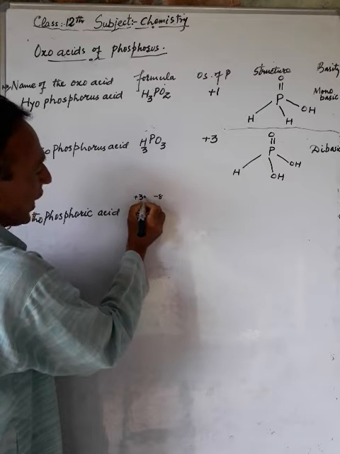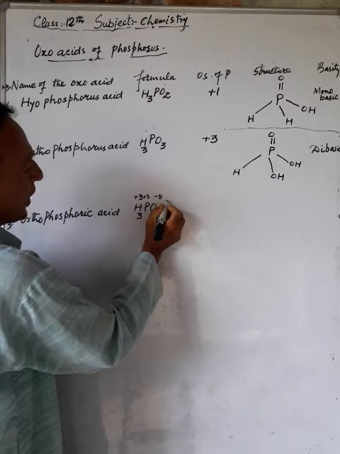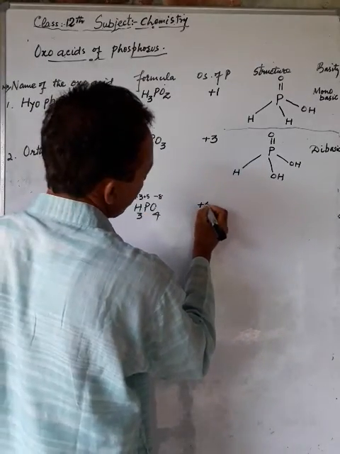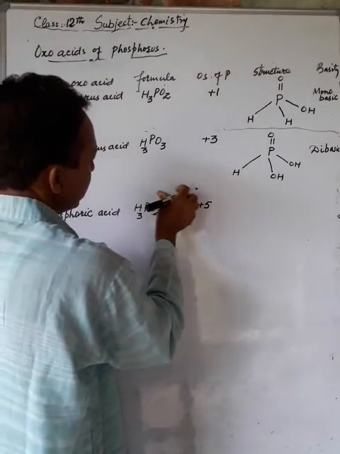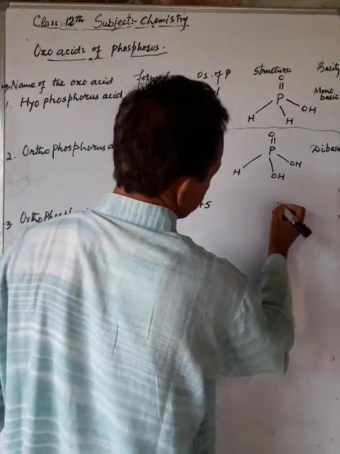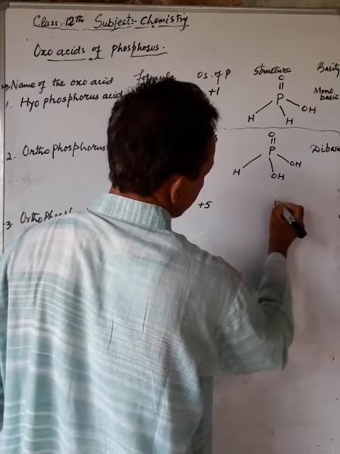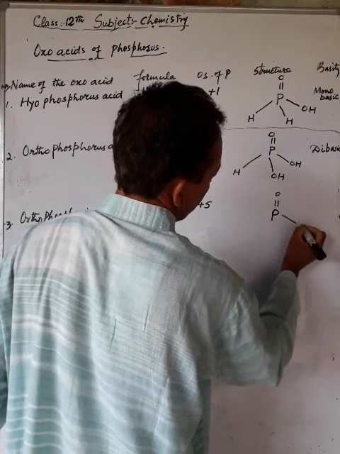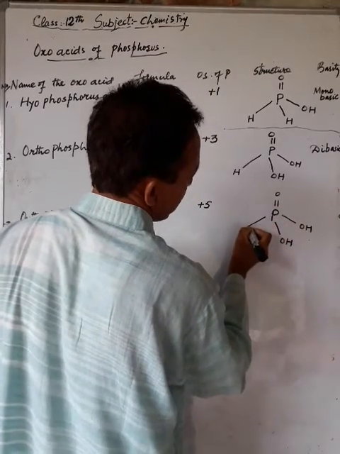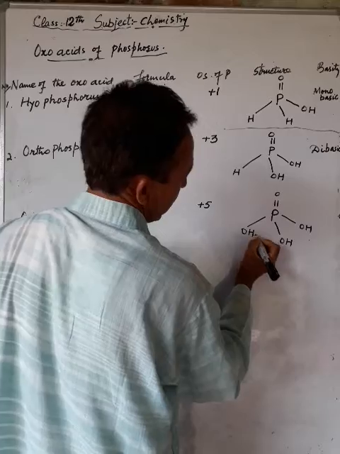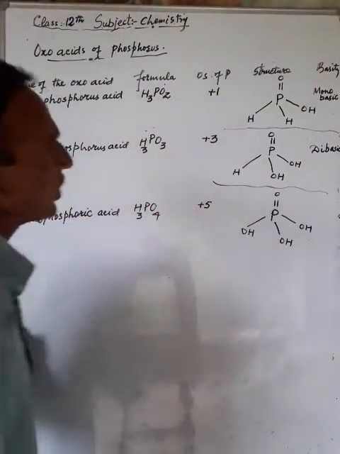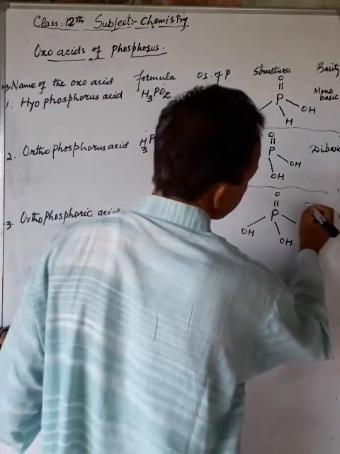So we have to add plus 5 so that the compound as a whole becomes neutral. So the phosphorus is in plus 5 oxidation state. The structure of the compound is phosphorus, O, OH, OH and OH. If you see in the structure, we have 3 OH groups linked to the phosphorus, so it is tribasic.